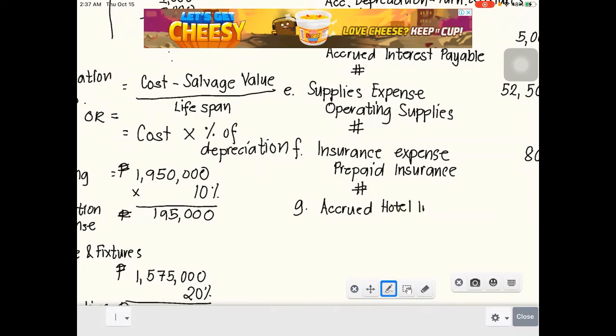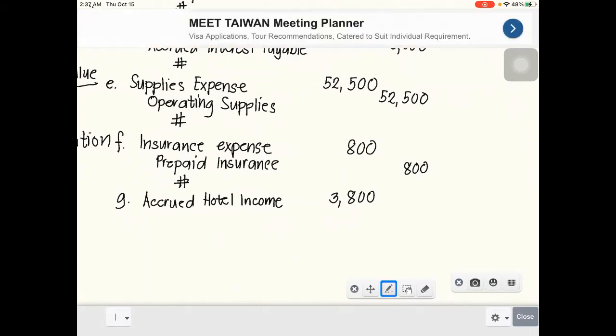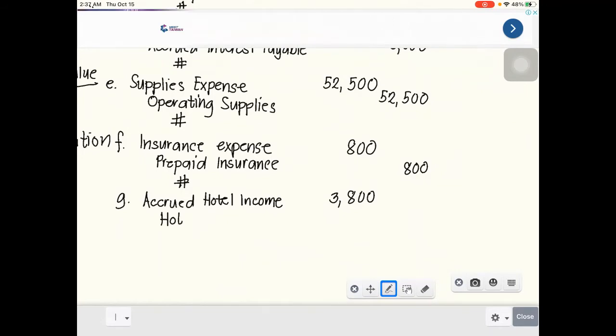We don't have a chart of accounts. Accrued hotel income, total of 3,800. Credit hotel income.